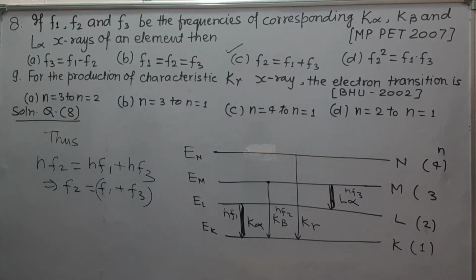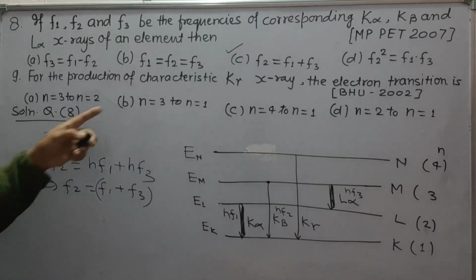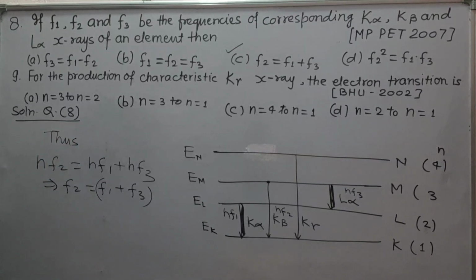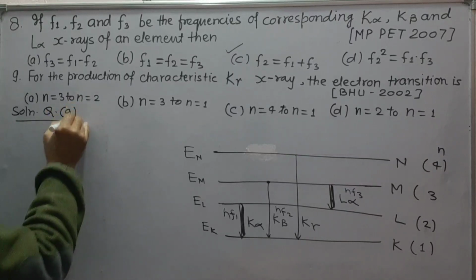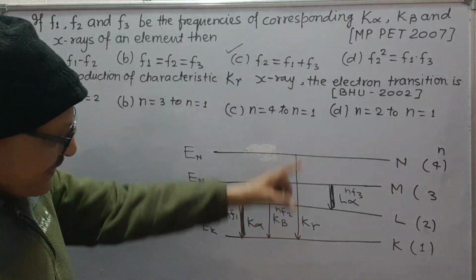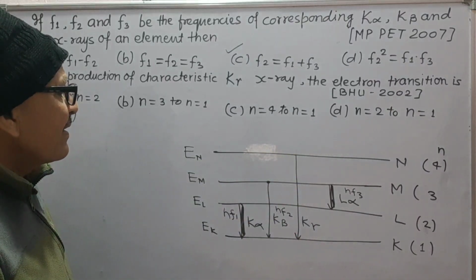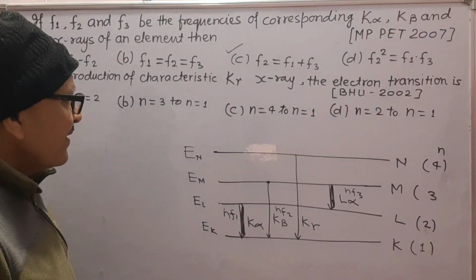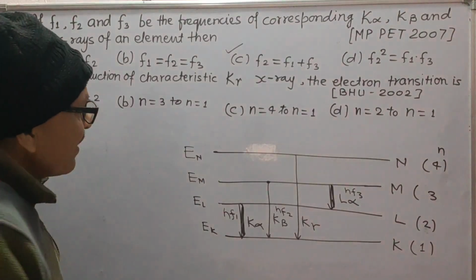Next question number 9. The question is, for the production of characteristic K gamma X-ray, the electron transition is, these are the options. Now solution to question 9. Again, this is the characteristic X-ray spectrum.